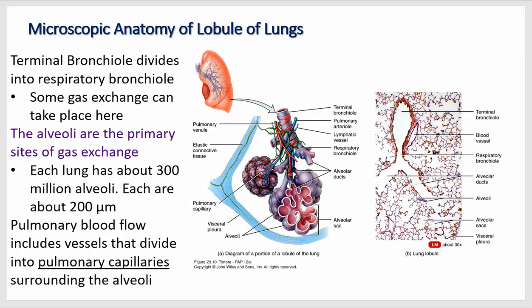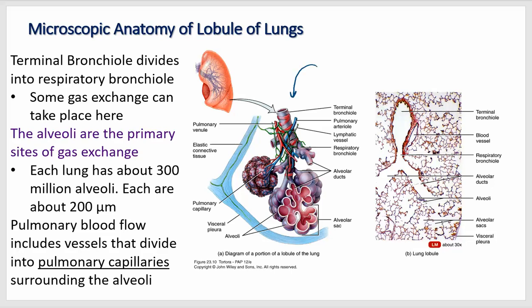So, microscopic anatomy of a lobule of the lungs. We have this picture over here. It shows the terminal bronchiole, some alveolar ducts, and the alveoli sitting in here. There's a lot of gas exchange taking place. I love this picture, it makes a lot of sense.